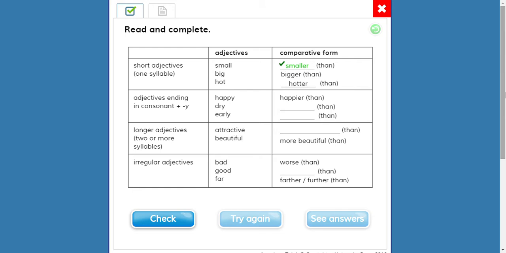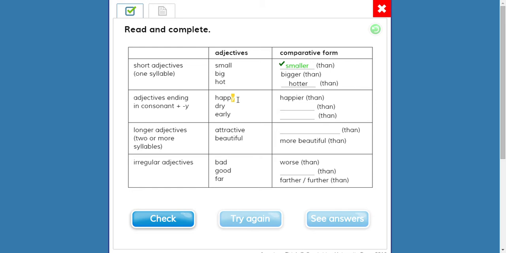Now, the second rule says adjectives ending in consonant plus y, for example happy, dry, and early. This rule is very interesting because, first of all, remember, ending in consonant plus y, the letter y changes into i.